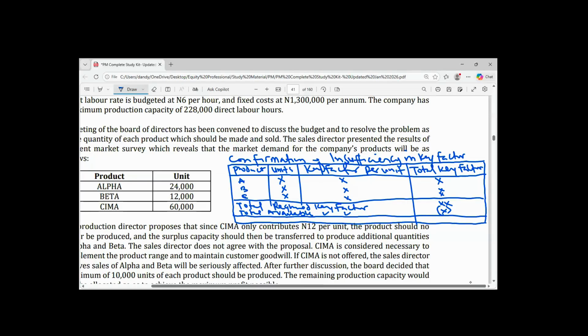So this could be a shortfall, or a surplus. A shortfall will always be a negative. Surplus will be positive. All right.